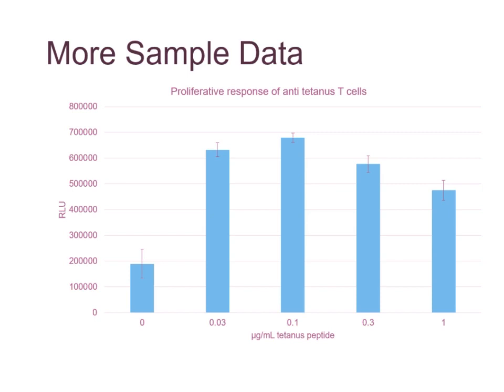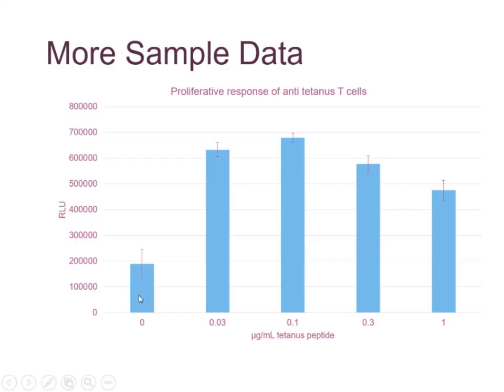Where it is useful, and perhaps the MTT dyes are also useful in this case, is with purified antigen-specific cells, as shown in this slide. We have the anti-tetanus T cells stimulated with increasing concentrations of the peptide they're specific for.